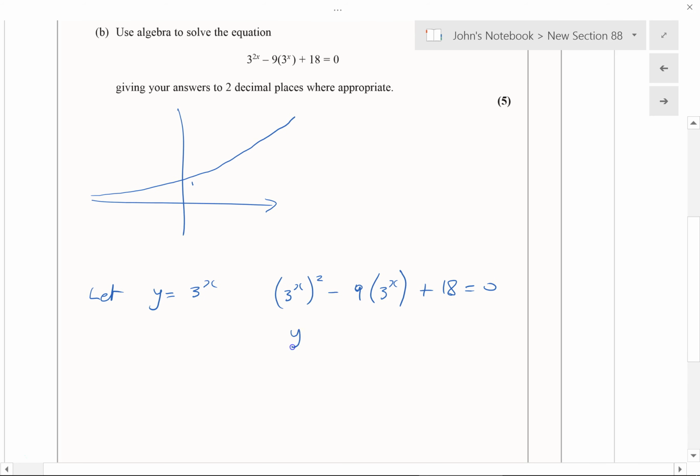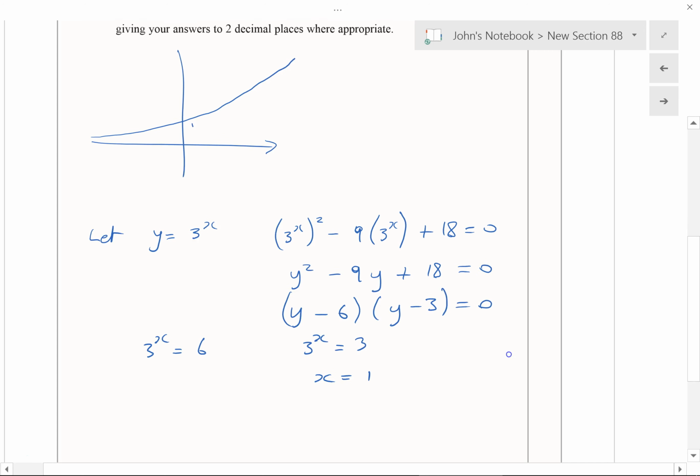So we basically end up with a quadratic. And we can see that this quadratic factorizes like that. Okay, so that means that 3 to the x is equal to 6 and 3 to the x equals 3. We should see by inspection that x equals 1 on that one.